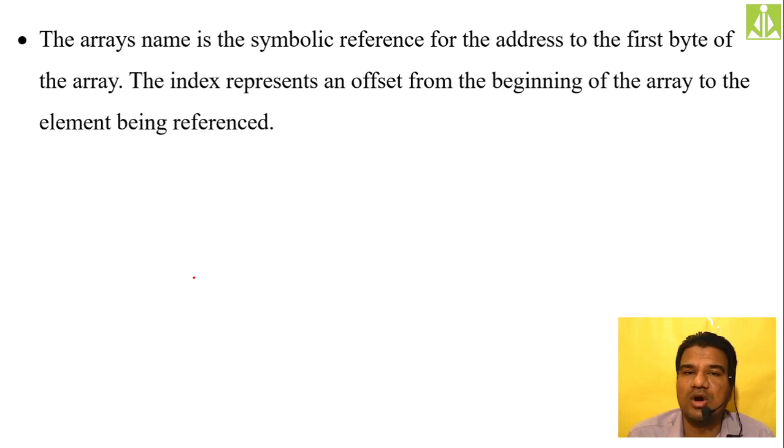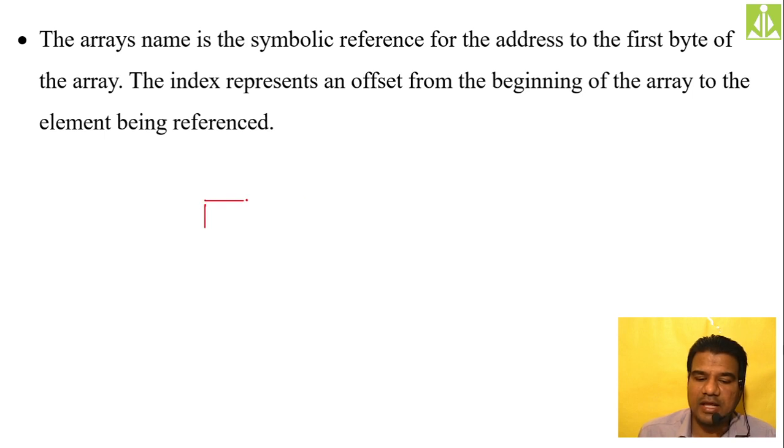If you are accessing the second element, you have to add the offset of the first element to the index value, and it will become 1. Because the first element's offset is 0, and to access the second element you add 1, so 0 plus 1 will be the second element. It is very clear.